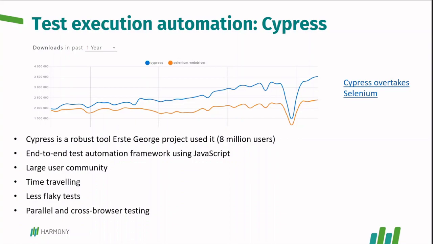It was tested by the Erste George project with almost 5,000 end-to-end test cases. And currently it's used by 8 million users. And I'm also a user of George, and it's really a very good application.